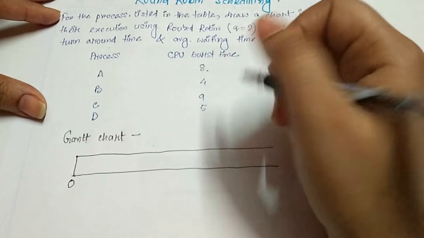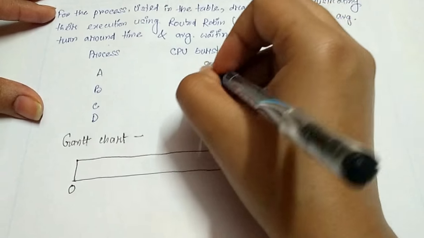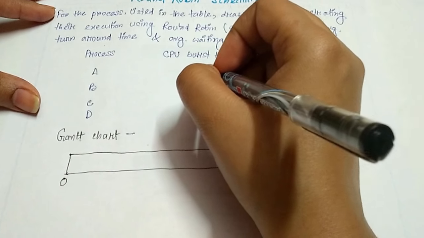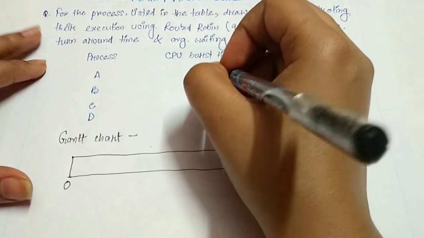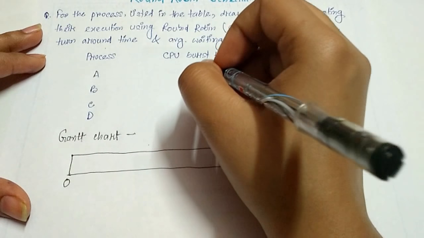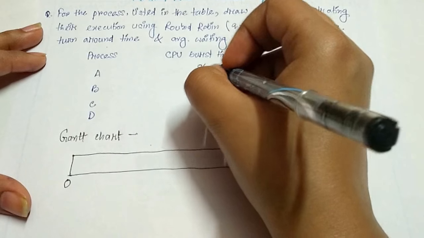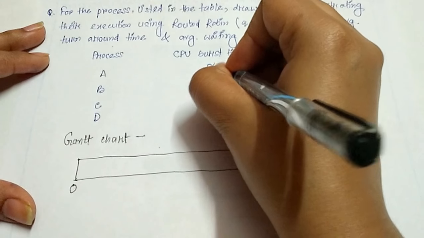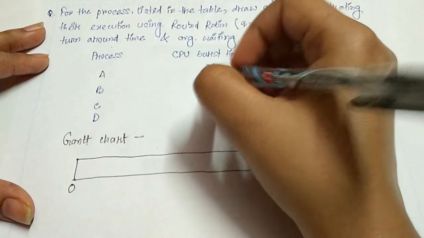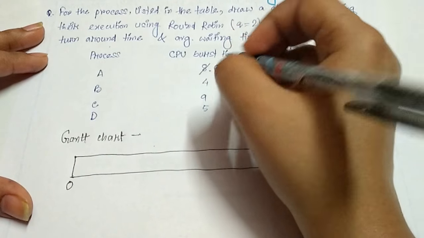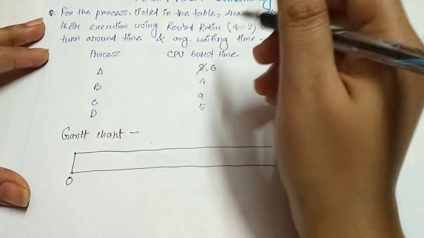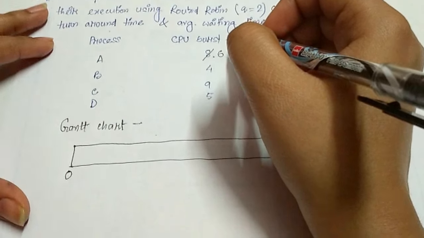So what should we do? We should take only 2 out of 8. If we take only 2 out of 8, 6 will remain. Don't do these calculations with a pen. Use a pencil in the exam.